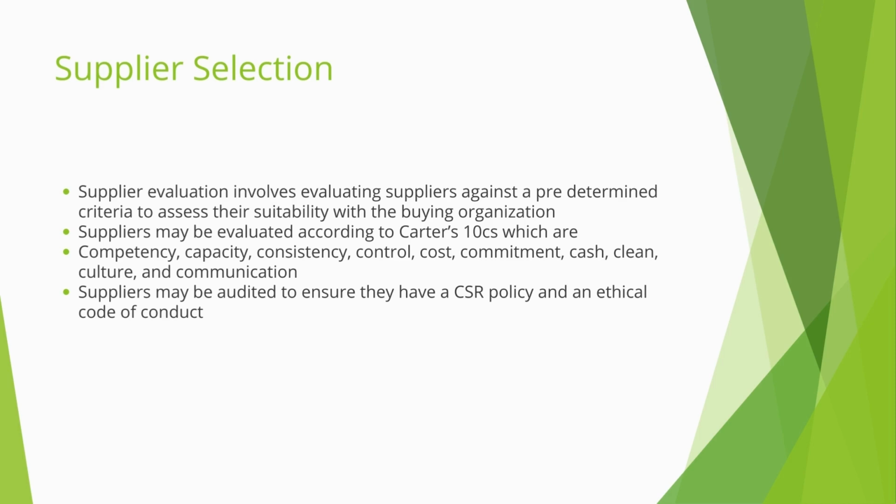Claim. Are the suppliers working towards sustainability? Culture. Is the supplier culture compatible with the buying organization's culture? And lastly, communication. That is how quickly and effectively does the supplier respond.